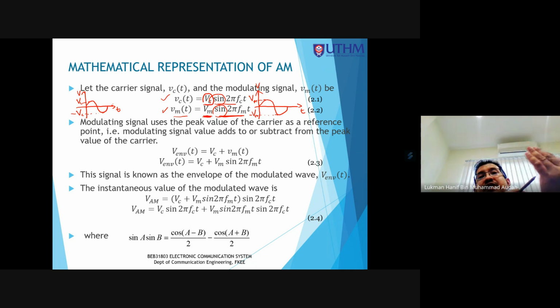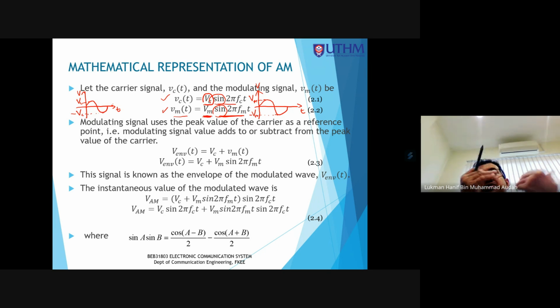Even if you use a microphone as an input, your voice is not a sine wave. You can try it in the lab: if you have a microphone connected to the oscilloscope, you can see how your voice looks like. You can also check on the internet how a voice waveform looks like. It is not a sine wave, it is not a cosine wave.